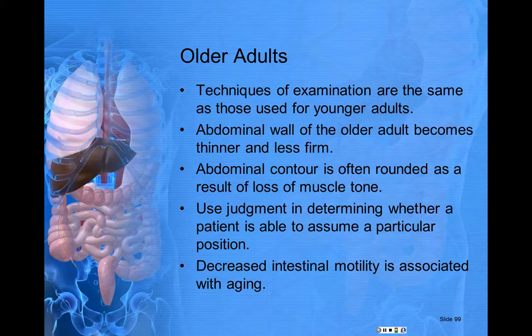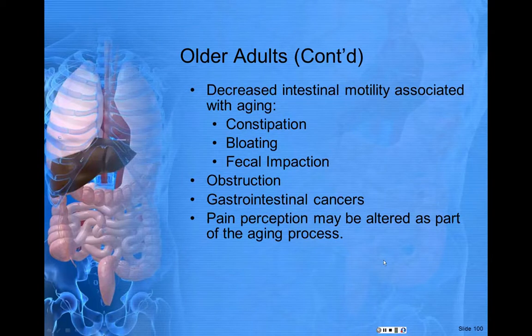They also have decreased intestinal motility, which is associated with aging as well. So they're often going to have constipation, bloating, fecal impaction, obstruction. Gastrointestinal cancers are common as people age, and pain perception can also be altered as part of the aging process.